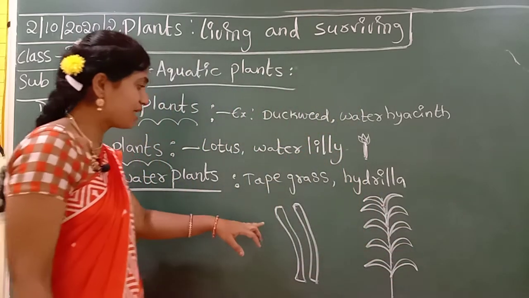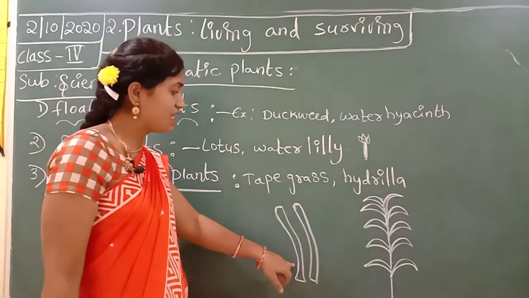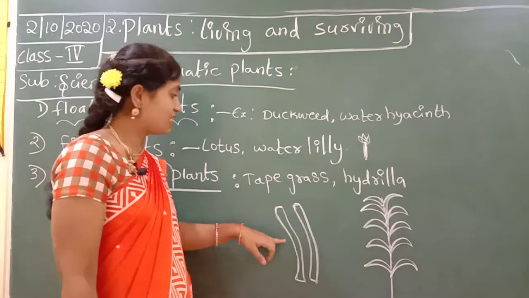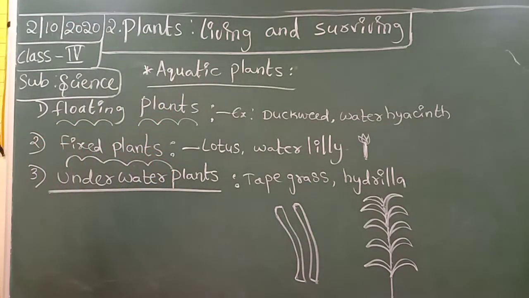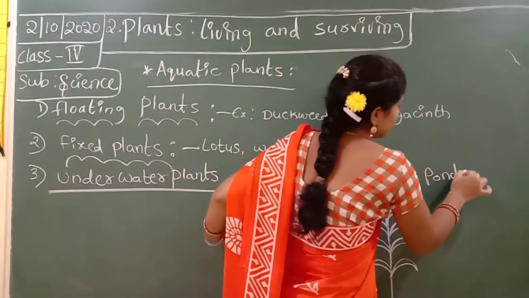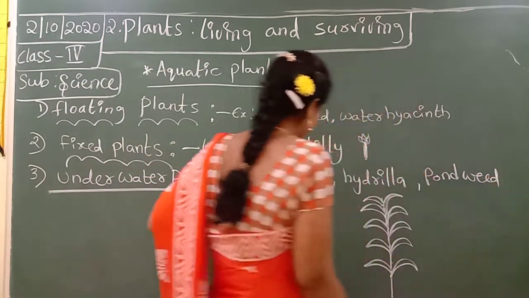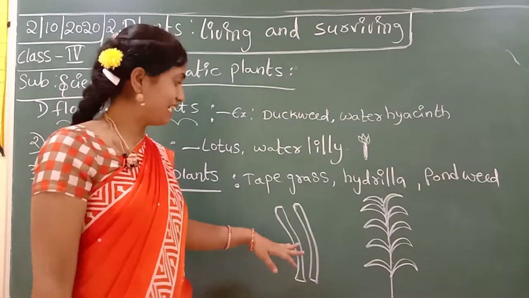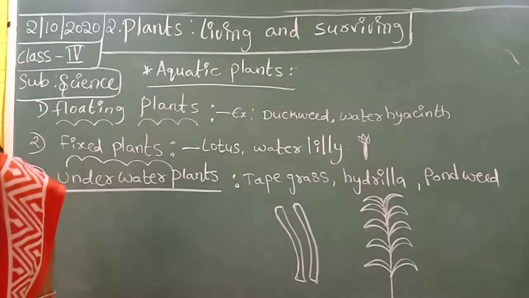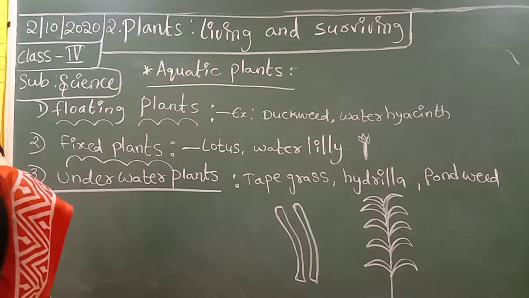This tape grass looks like a tape and has very small ribbon-like leaves also. Hydrilla and pondweed also. In our textbook, pictures are also clearly given. See, this is the tape grass, this is the hydrilla. Okay, children.